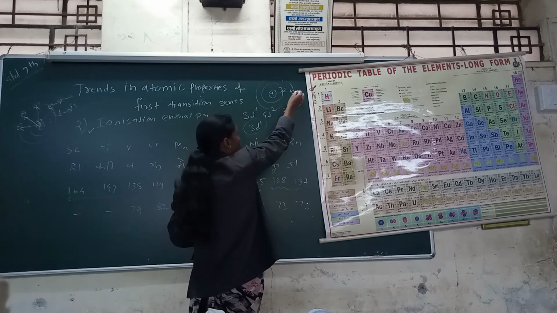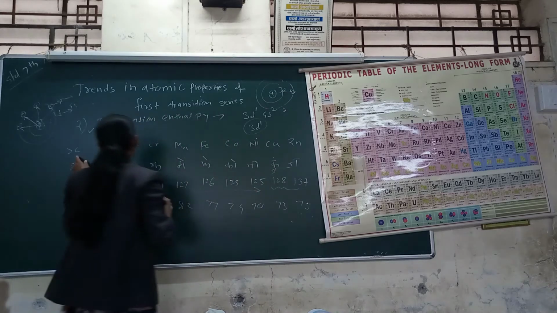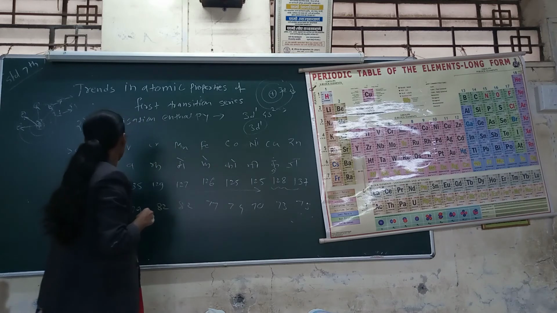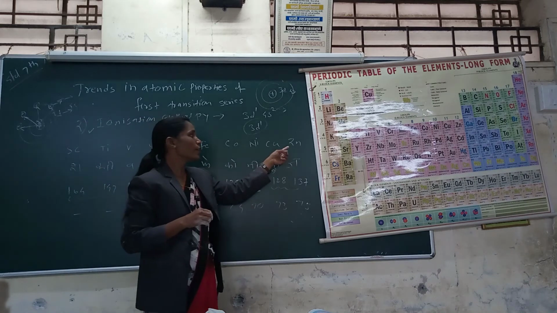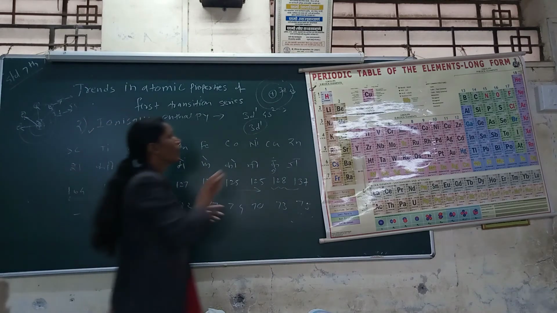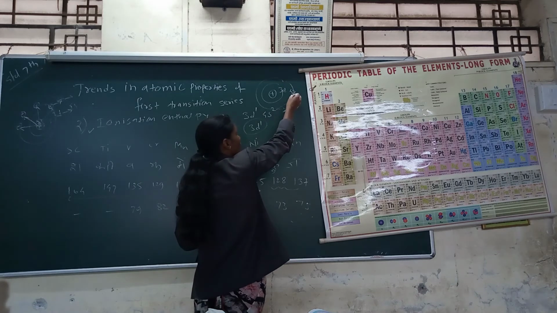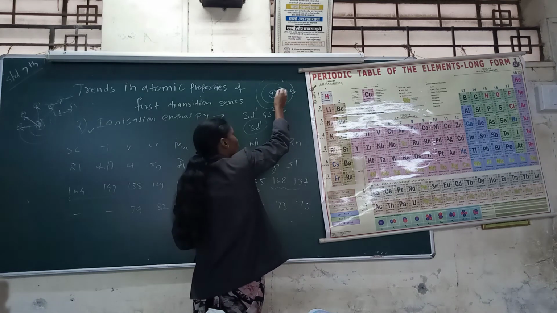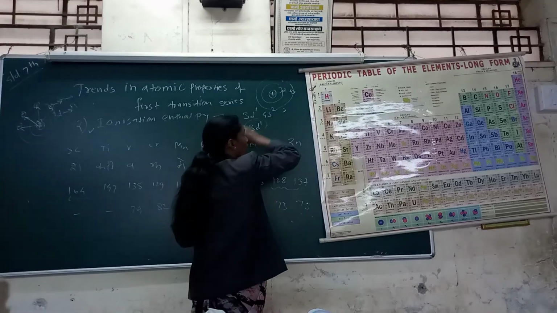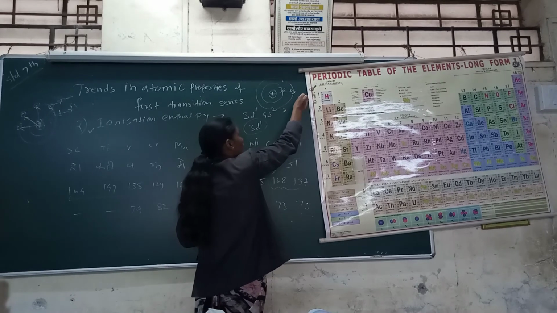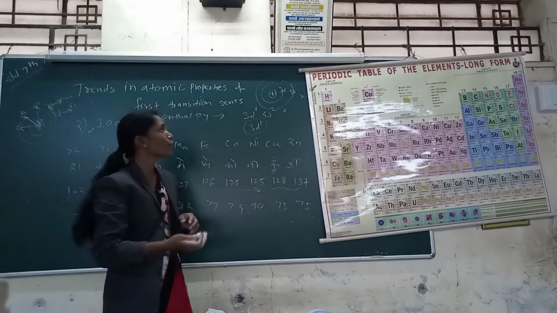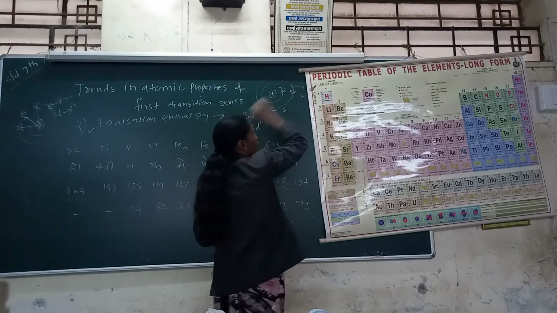The atomic radius decreases from scandium to zinc, that is, the distance between the nucleus and the outermost shell decreases. Therefore, the positive charge holds the outermost electron compactly and it does not detach easily. So the maximum energy is required to remove the outermost electron.